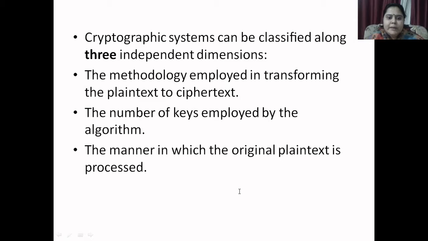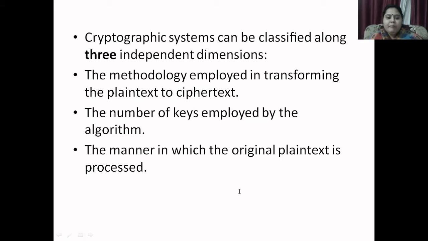The methodology employed in transforming the plain text to ciphertext, that is, encryption algorithms, are based on two general principles: substitution and transposition. Substitution is that individual elements in plain text are mapped into another element or a group of elements by employing a chart or fixed pattern in order to disguise them.